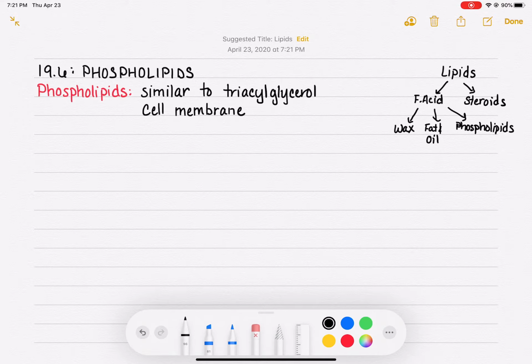There are two different types of phospholipids. One type of phospholipid is called a glycerophospholipid.